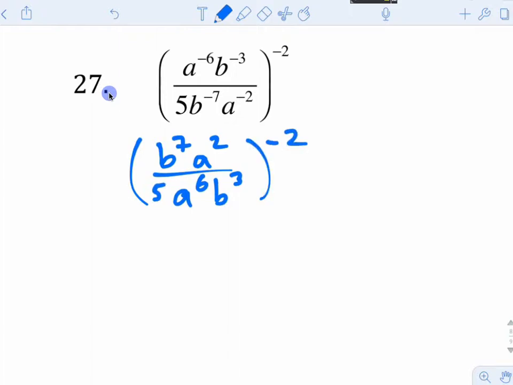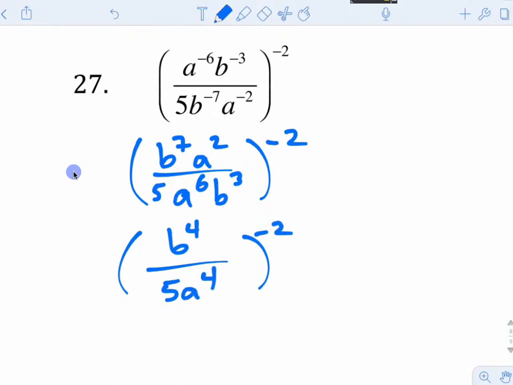All to the negative second. And now I like to go ahead and simplify what we've got in here right away. There's some, I hate to use the C word, but some canceling that we can do. And I think we'll end up with a b to the fourth over 5a to the fourth, all of that to the negative second power. And now, well, I don't like raising things to the negative second power.